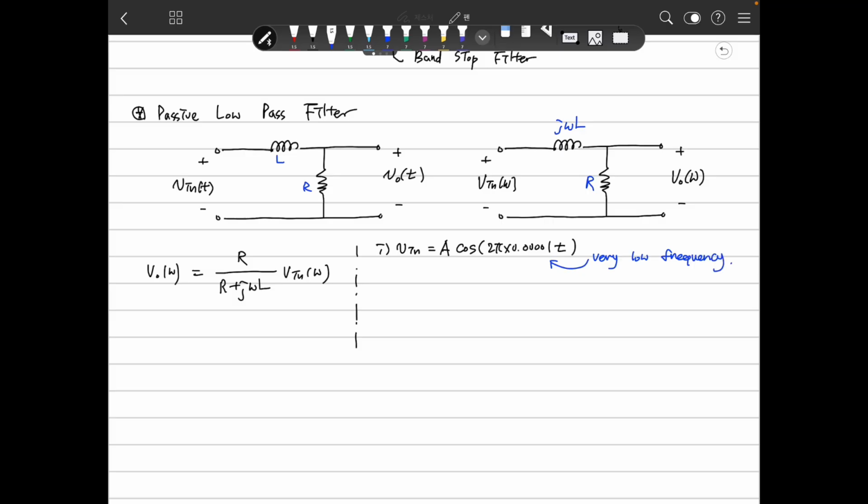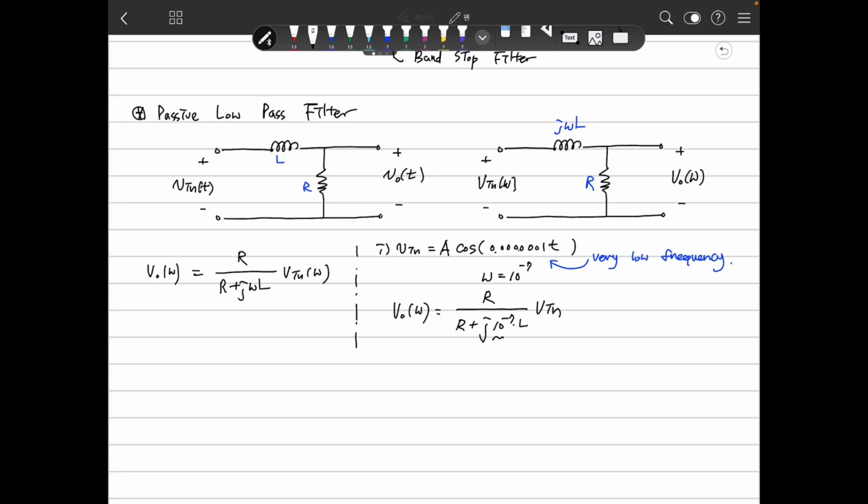Then how about the output? In this case, I don't want to make a complicated problem, so omega is about 10 to the minus 7. So from here, we get V out of omega is R over R plus j omega L times V in.